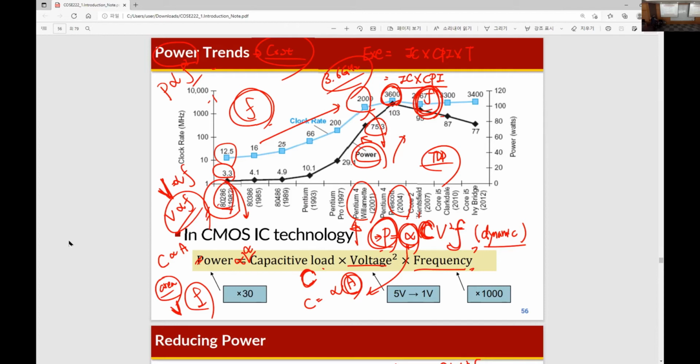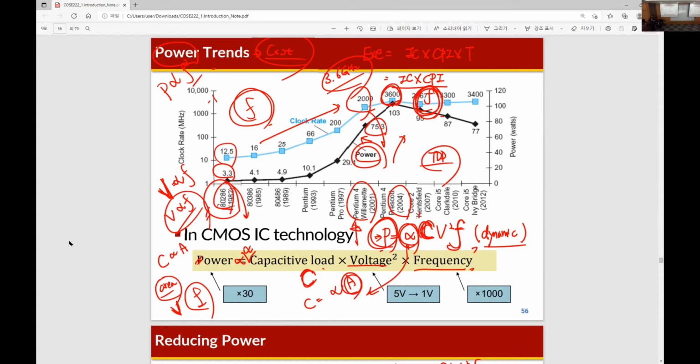The CMOS transistor is similar to a switch, an electrically controlled switch. But the problem is that this channel is not closed completely. That means the transistor is not turned off, even though this device is controlled to be turned off. So that is the source of the static power.